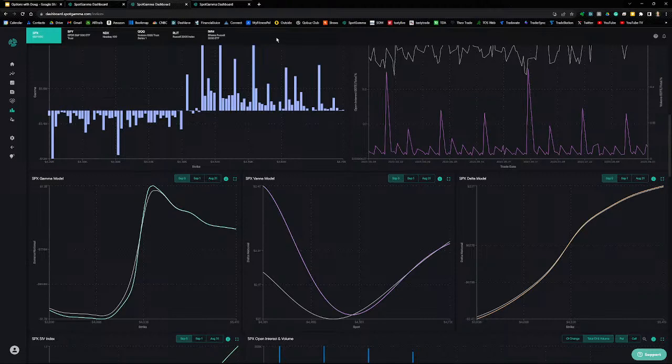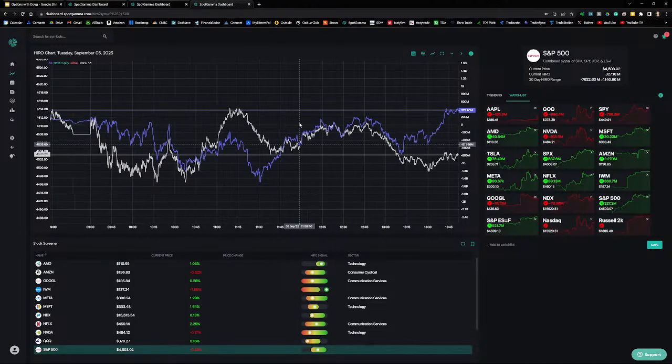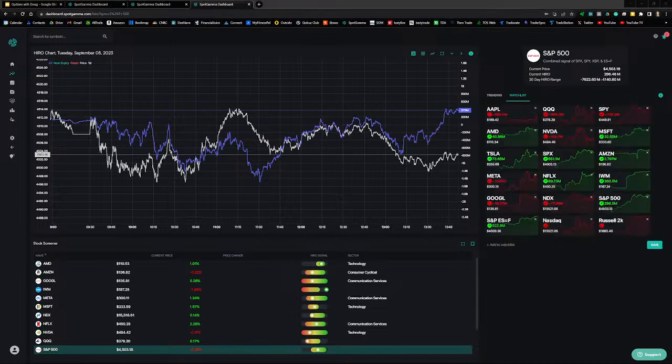So let's take a look now at some setups. I'm going to start with the S&P 500. This chart is the SpotGamma HIRO chart, Hedging Impact Real-Time Options. This is available to SpotGamma subscribers.